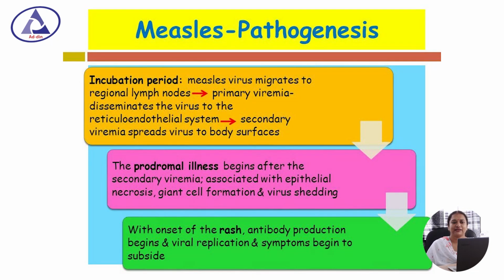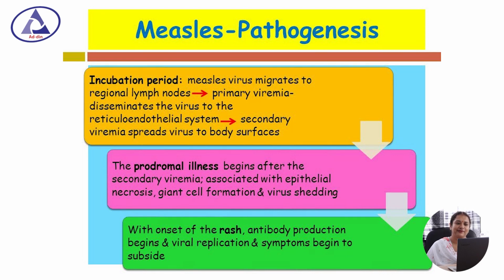In this slide, we are showing the pathogenesis of measles virus in short. After the incubation period, measles virus migrates into the regional lymph node and then primary viremia occurs. Then no symptom occurs, but the virus resides in the reticuloendothelial system.